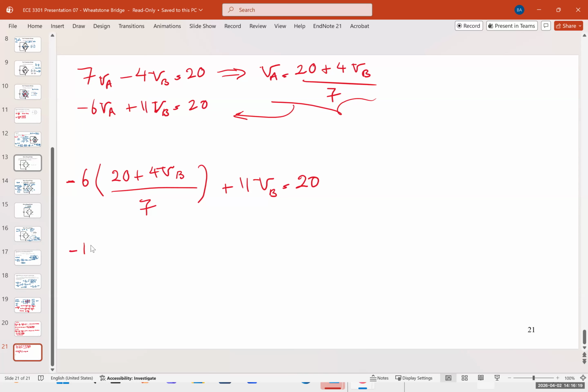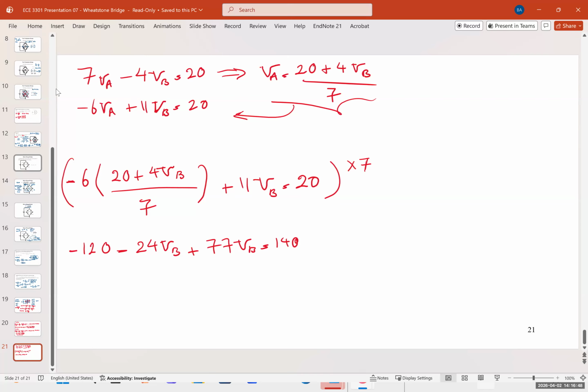So negative 120. If I multiply, let's multiply everything by 7 to make it easier. So negative 120 plus minus 24 VB plus 77 VB is going to be equal to 140. I multiply by 7 to get rid of that 7.